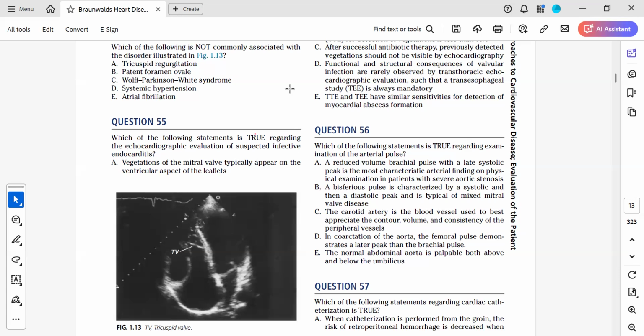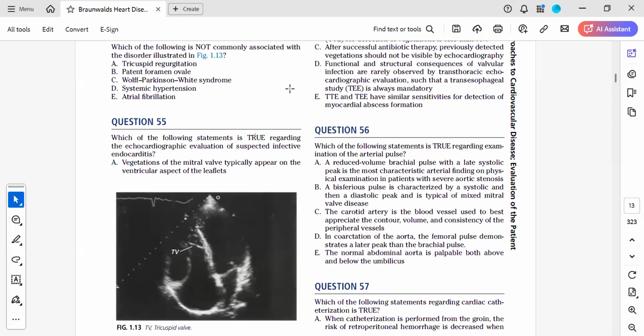Then option C, Wolff-Parkinson-White syndrome, because of the large atrium, the patients with Epstein's anomaly tend to have accessory pathway, which is usually on the right, and they will have Wolff-Parkinson-White. So this is usually present in them too.